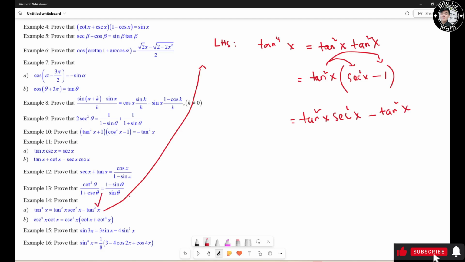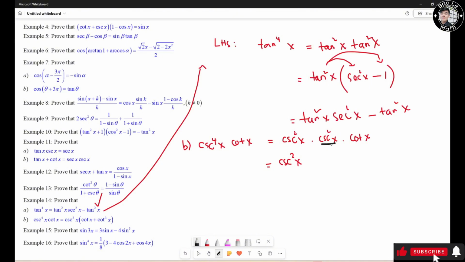So the first one has been proved. Now the second one, we do exactly the same thing. So I have question B, cosecant to the power of 4 of s times cotangent s is going to be cosecant square of s times cosecant square of s times cotangent s, right? I rewrite the first one, cosecant square of s.